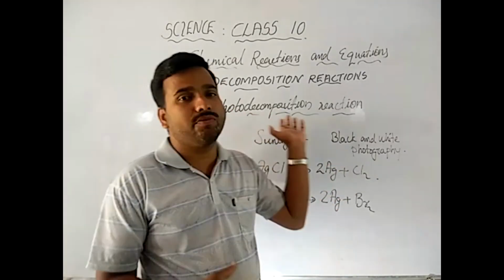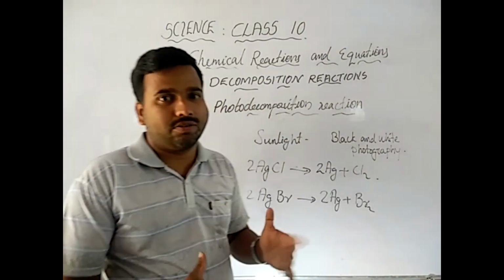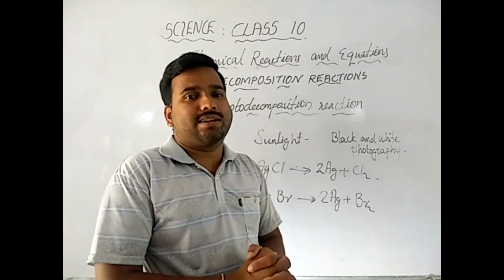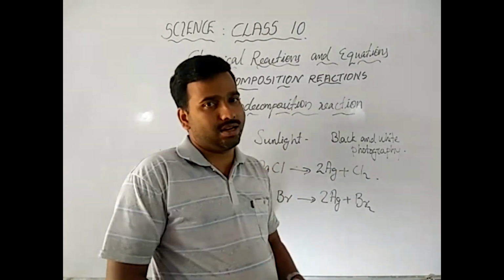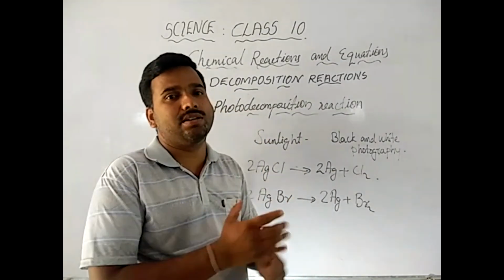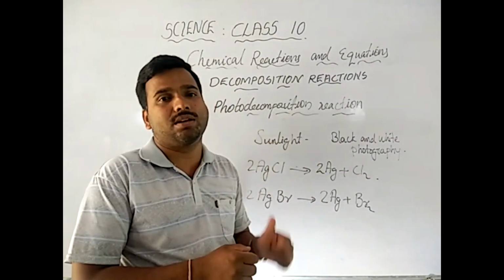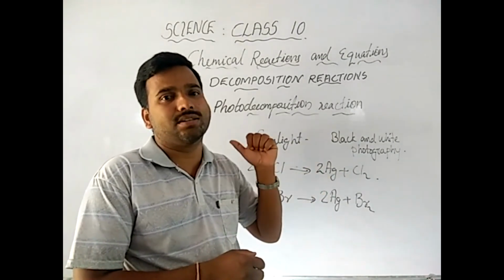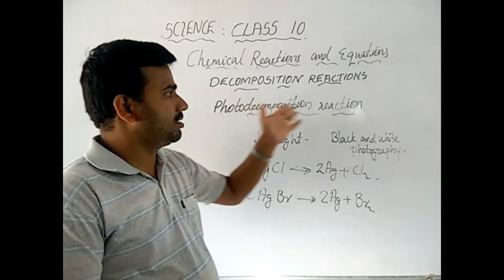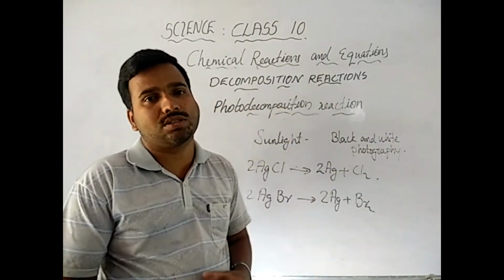We have already seen that in order to carry out a decomposition reaction we need to supply energy. We have already discussed two types, thermal decomposition and electrolysis, electro-decomposition reaction. Now the third is photo decomposition reaction.